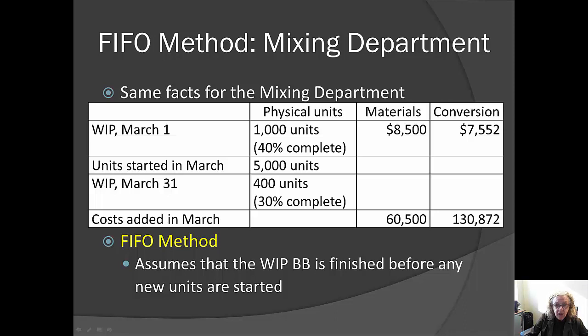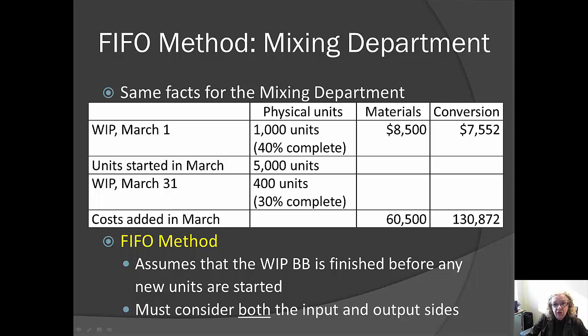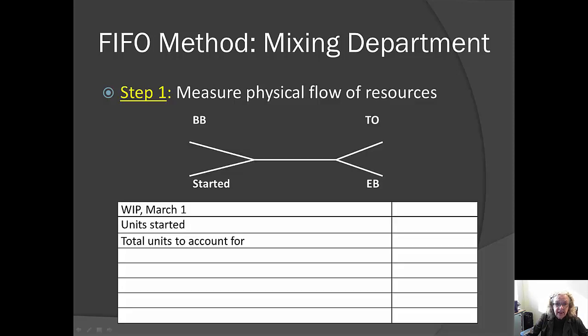Because of that, we need to consider both the input side and the output side of our fishbone diagram. So let's take a look at it.